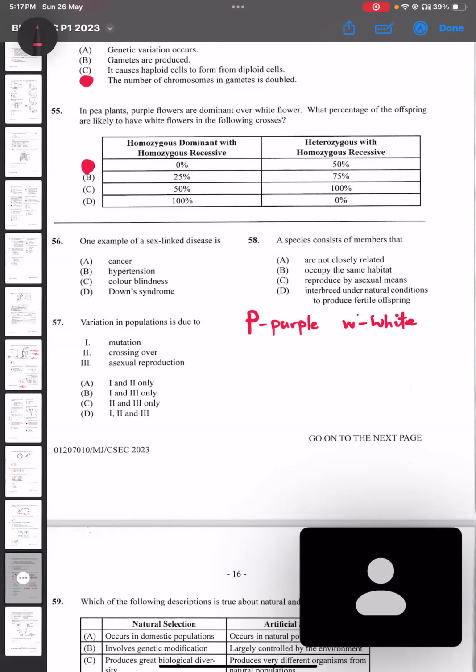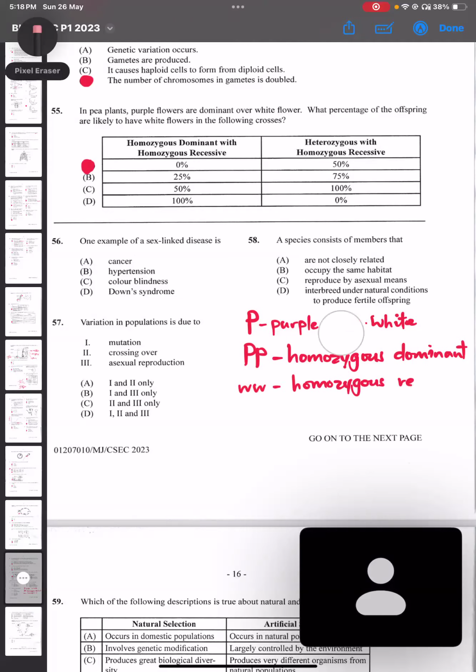So we know which one is dominant and which one is recessive. So say you have a homozygous dominant with a homozygous recessive. So PP would be your homozygous dominant. And then your homozygous recessive would be this one. Or let me just use the same letter for simplicity.